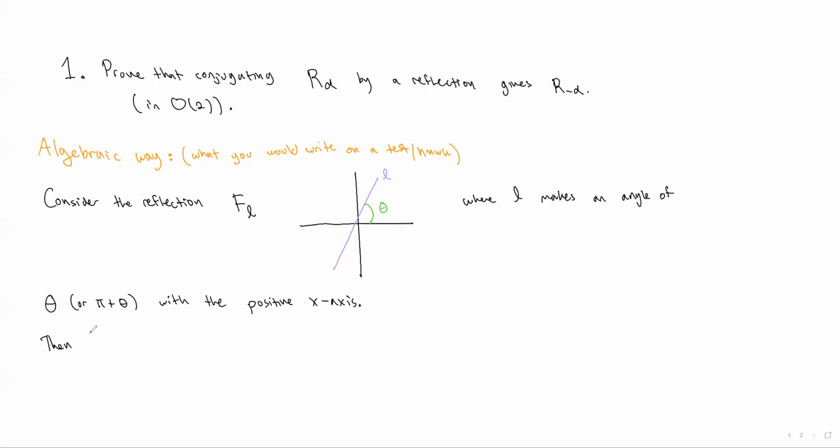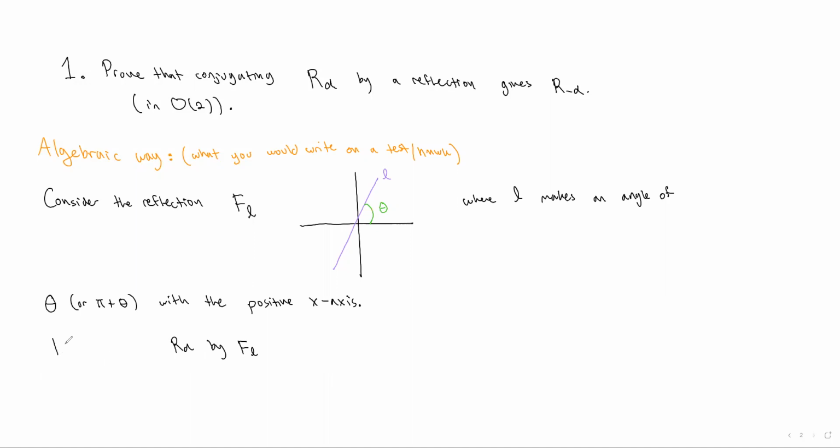Then, if you conjugate R alpha by FL, I should say the conjugate of R alpha by FL.